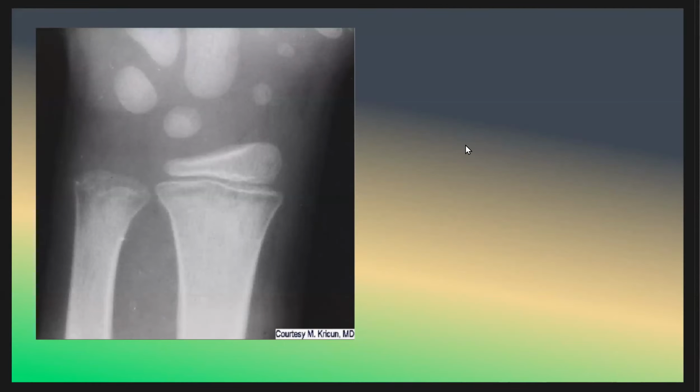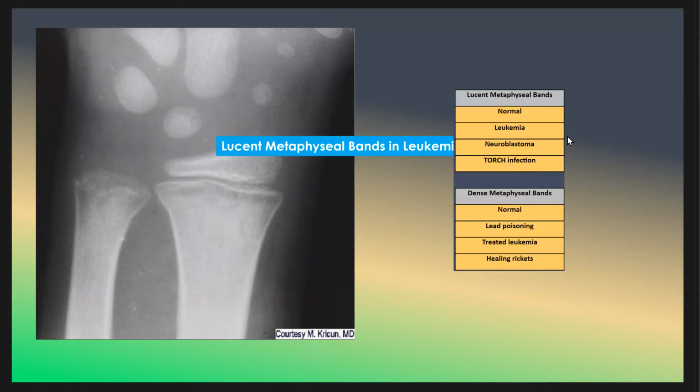This patient has, you should think of systemic disease. What do you think? Okay, you have lucent metaphyseal lines, as we see here, and they can be seen in normal, but the diagnoses are leukemia or neuroblastoma or infection.